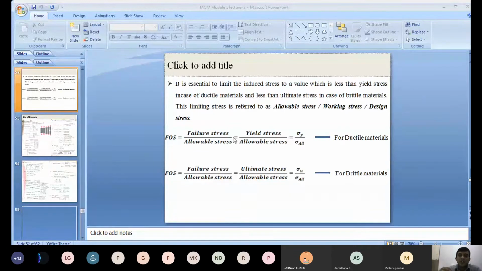Those are called induced stresses. The induced stress should be less than the allowable stress. Then you can say the structure can withstand that load, or else it will fail. Once it fails, you change the design parameters. We will study that in the 4th, 5th, or maybe 6th semester.